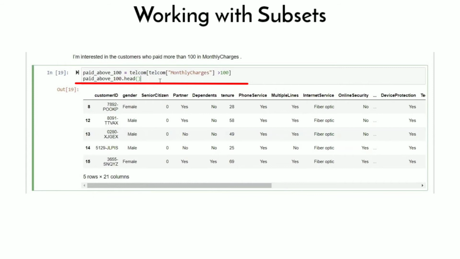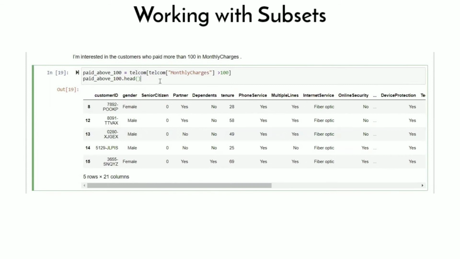So this is our condition here within the square brackets. We are saying, get all the values from telco where the values in the column monthly charges are greater than 100, and then assign those values back to the new variable called paid above 100. And we can go right ahead and explore the data again.